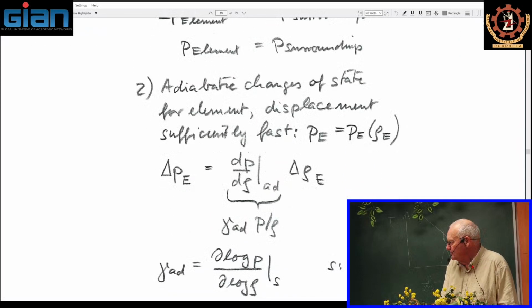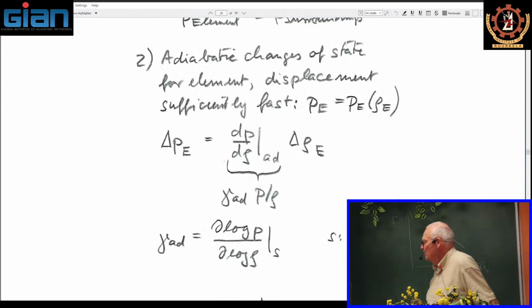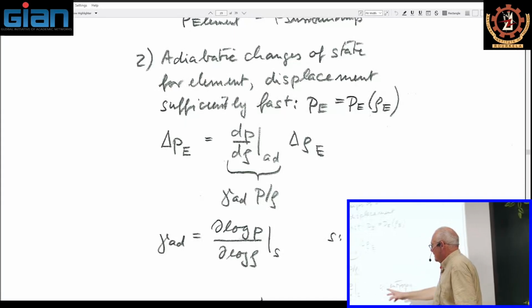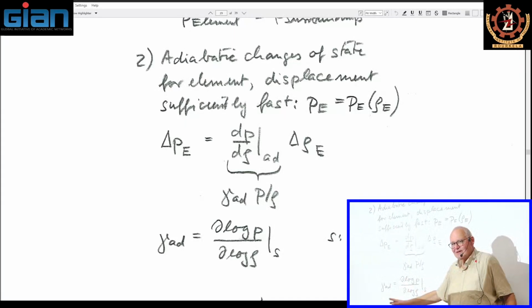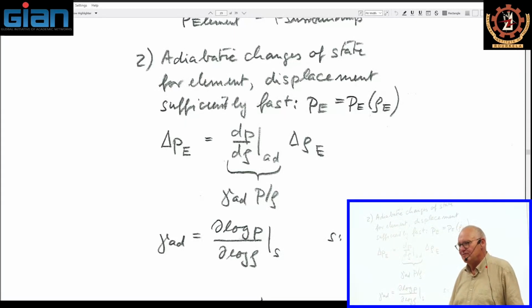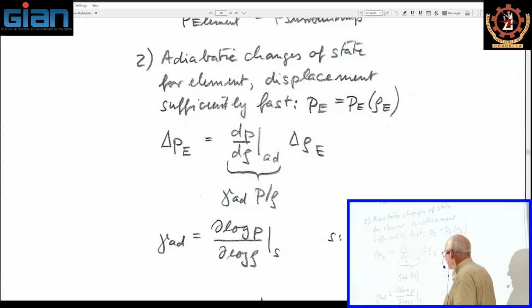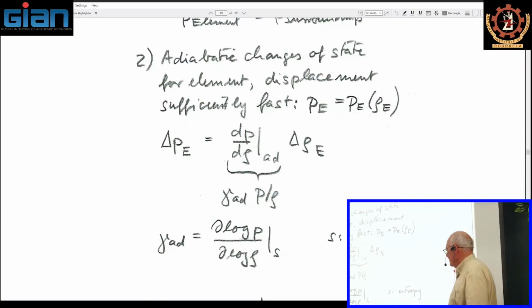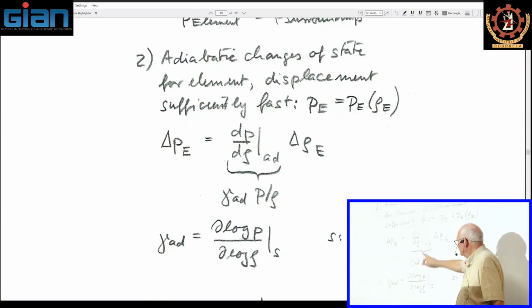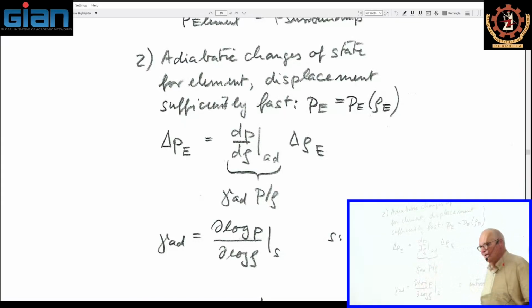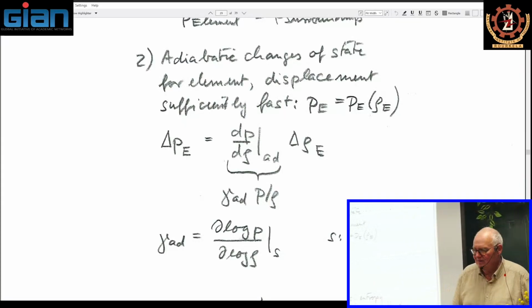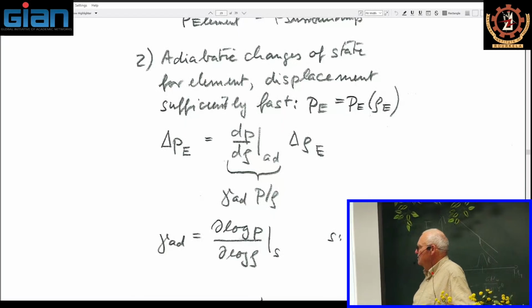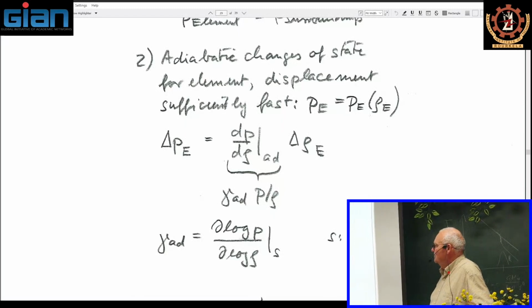That means this can be written in terms of the so-called gamma adiabatic, which is one of these logarithmic derivatives appearing in thermodynamics. Gamma adiabatic is defined as d log P by d log rho at constant entropy, a purely thermodynamic quantity, with no reference to any stellar model. Then dP by d rho adiabatic is written as gamma adiabatic, the adiabatic index, times the pressure over the density.